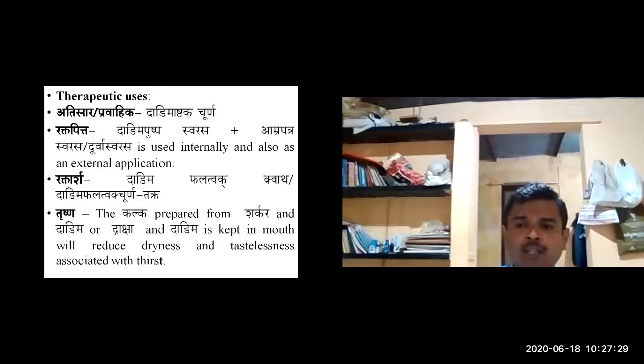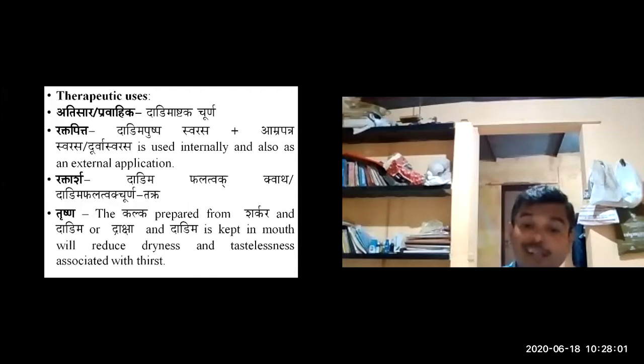In Rakta Pitta there will be Rakta Srava, especially in Urdhva Rakta Pitta, where there will be nasal bleeding. In such conditions, you can administer internally, even as single drug therapy, Dadima Pushpa Swarasa, and Pushpa Swarasa is also used for Nasya Karma. For internal use you can advise Dadima Pushpa Swarasa plus Amra Patra Swarasa or Durva Swarasa, and also for external application.